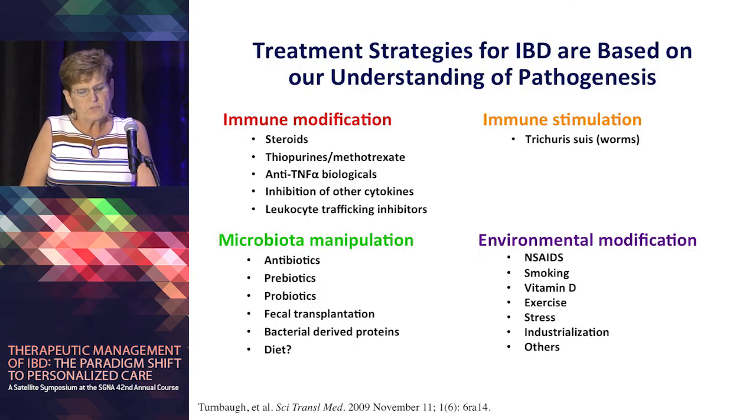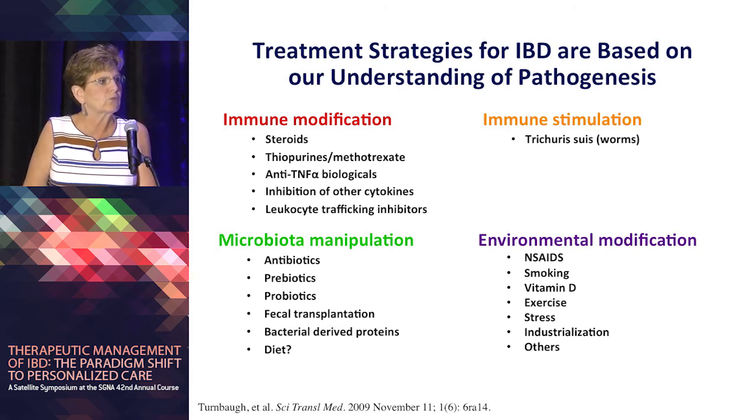So now we've gone through the plethora of different things that set up the inflammatory process, and then how can we rearrange that through our treatments with these patients, whether it be with steroids, antibiotics, biologics, probiotics.